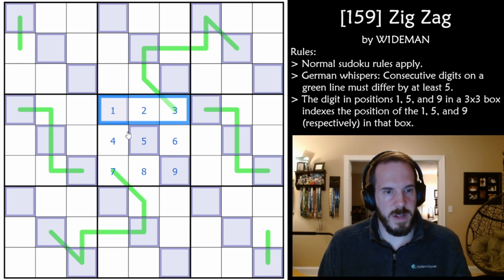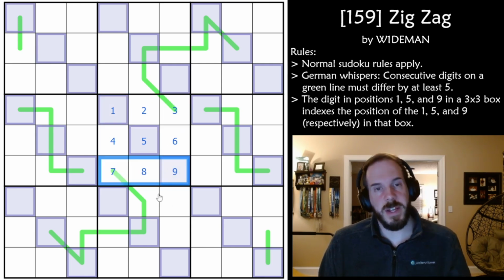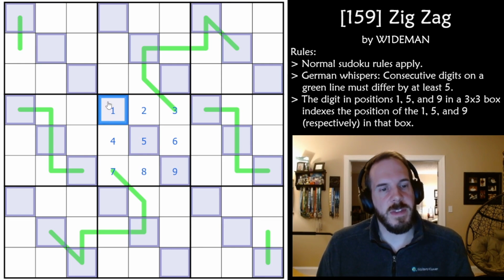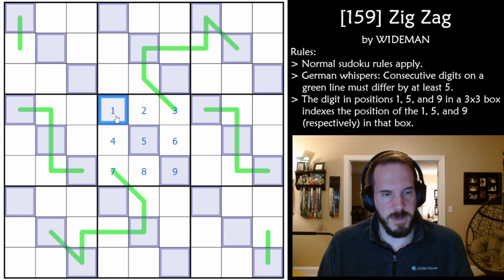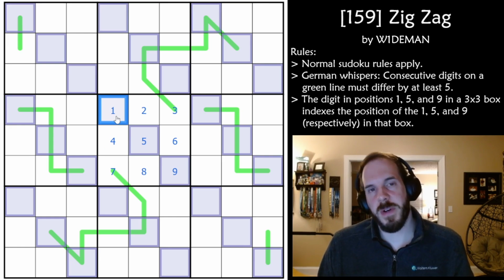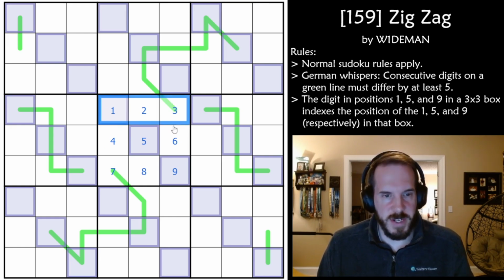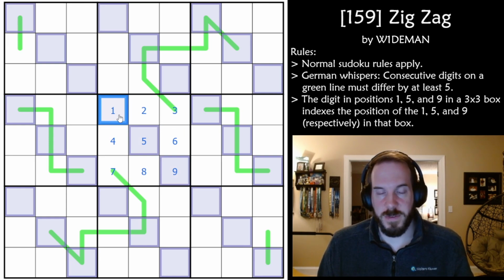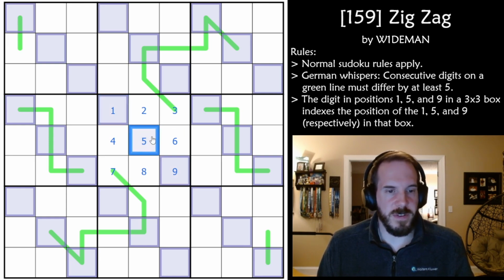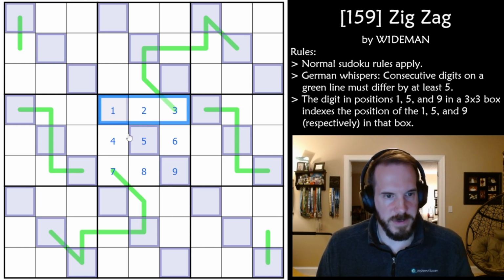This goes 1 to 9, left to right, top to bottom in reading order. So this blue box in position 1 of each of the 3x3 boxes, whatever digit you put in it, will tell you which position in that 3x3 box the 1 goes. For the central cell, it'll tell you which position the 5 goes, and in this bottom right corner, it will tell you where the 9 goes in that box using these positions.